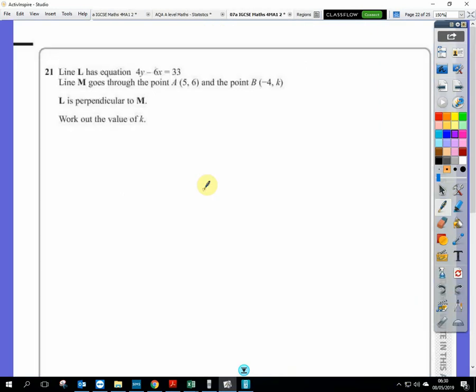So line L and line M are perpendicular. We need to work out the gradient of line L first of all by rearranging the line into the form y equals mx plus c. 4y equals positive 6x, add 33. Divide both sides by 4, but what I'm going to do is divide individually each term by 4.